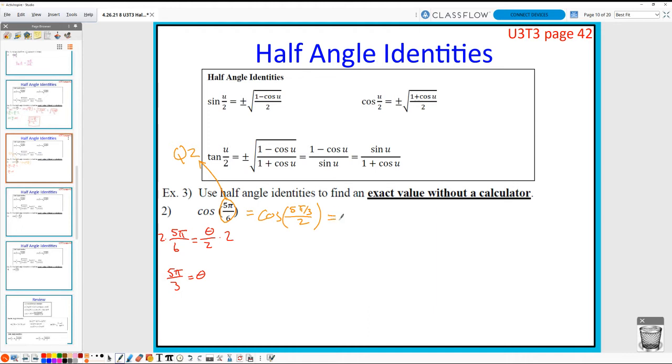This is then negative, right? Because I'm in quadrant 2. 5 pi over 6 in quadrant 2. This is square root of 1 plus cosine theta over 2, which is 1 plus cosine of 5 pi over 3.